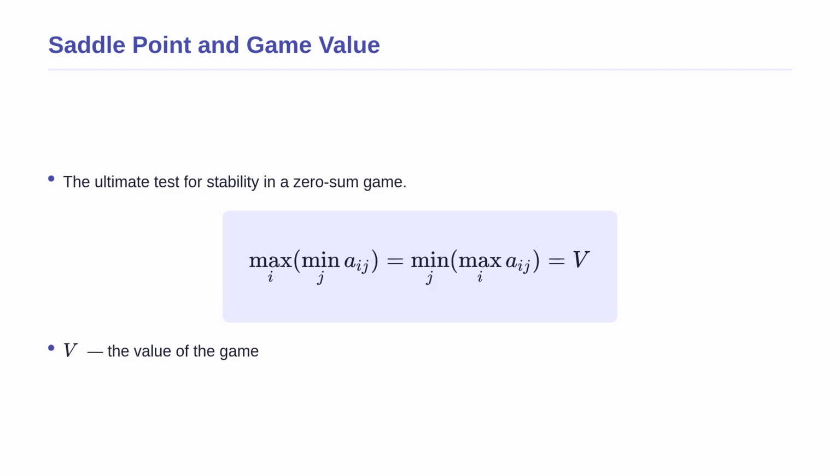A saddle point is a highly stable outcome where neither player can improve their position by changing their mind. The matching value is denoted by V, which stands for the value of the game. If both players are rational, they will naturally gravitate to this saddle point, and neither will have any reason to change their strategy.